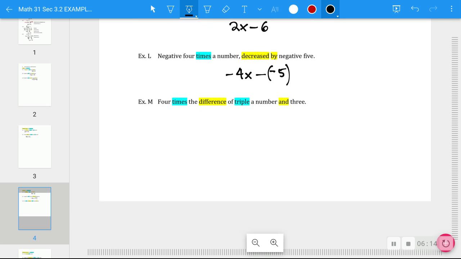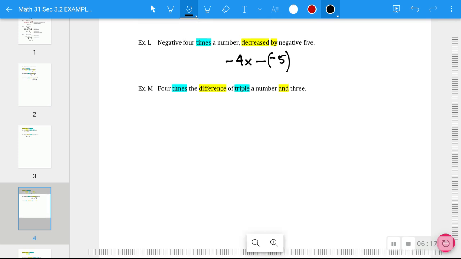All right, example M, 4 times the difference of triple a number and 3. When you put the difference there, it's a subtraction, like this. We're supposed to take 4 times that difference.